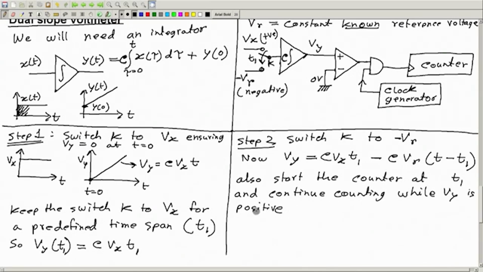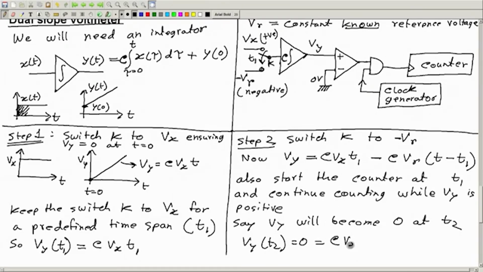So say Vy will become 0 at t2. Okay, so therefore we can write Vy at t2 is equal to 0 is equal to, from this let's write C Vx t1 minus C Vr, in place of t I put t2 minus t1.